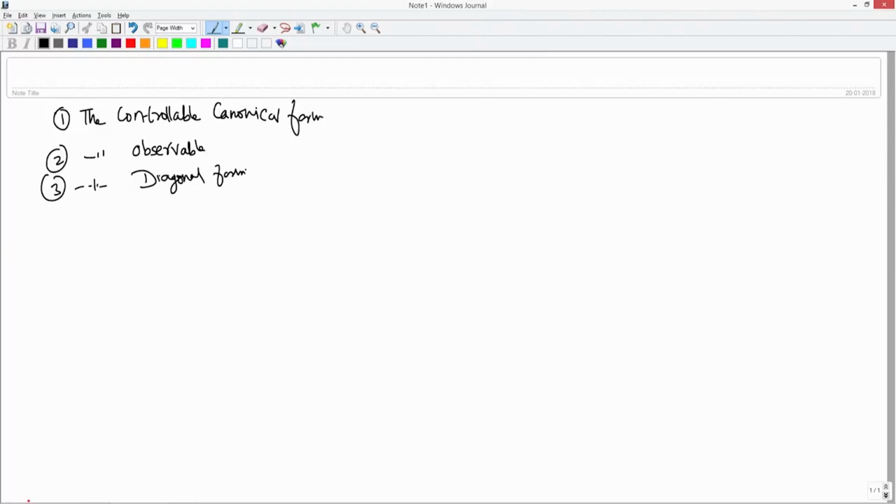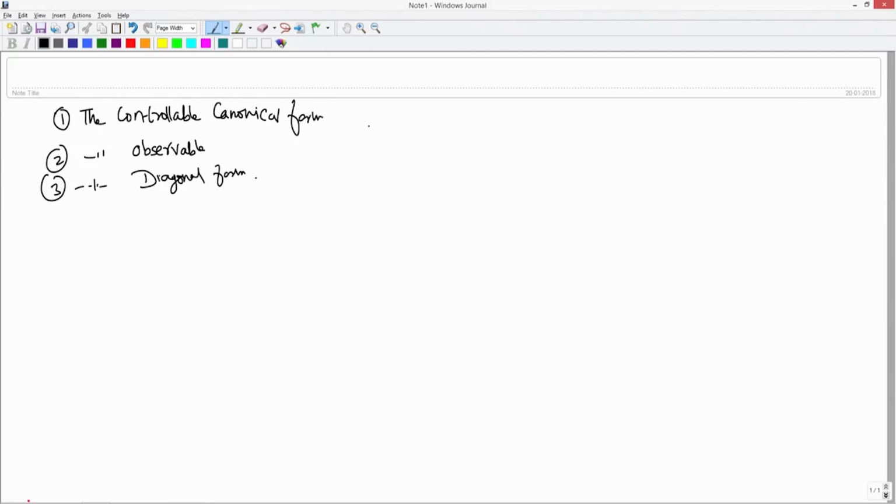And we also saw how to convert a given system into its diagonal form. There are several other details of the diagonal form in terms of the Jordan form, but we will try to skip that. Okay, the first is now how to convert a system from a controllable to observable, or observable to a diagonal, or whatever.